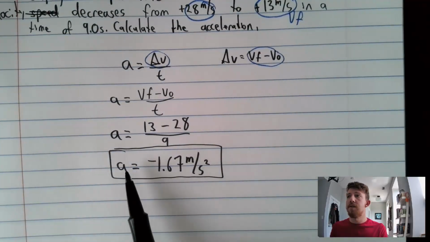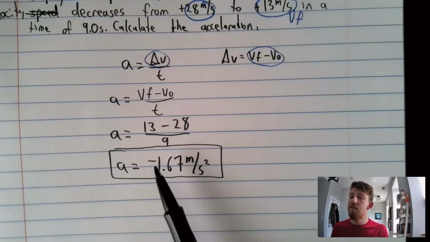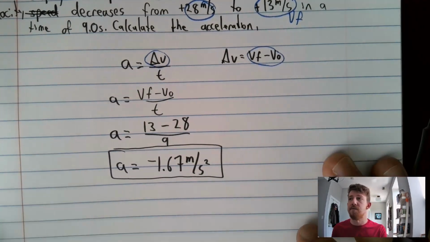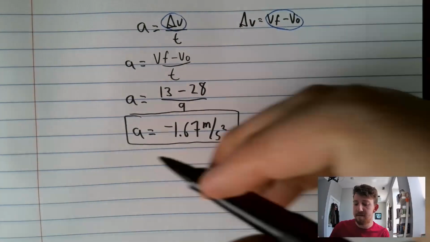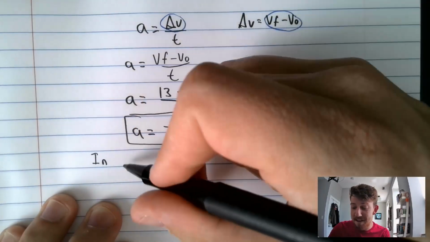So in this case, the drag racer, since they're slowing down, they're losing 1.67 meters per second squared. And notice that it's negative. Usually the negative means that they're slowing down, but there are some rare cases in which that is not true. So I'll write it exactly as that. This doesn't say in all cases. This is just in many cases.